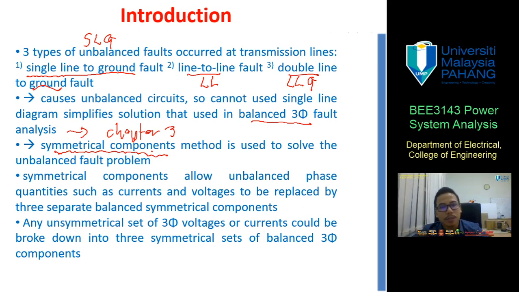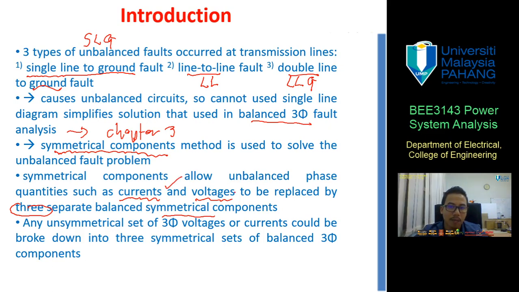Symmetrical components allow unbalanced phase quantities, such as currents and voltages, to be replaced by three separate balanced symmetrical components. The quantities that we are going to talk about after this are the current and the voltage.